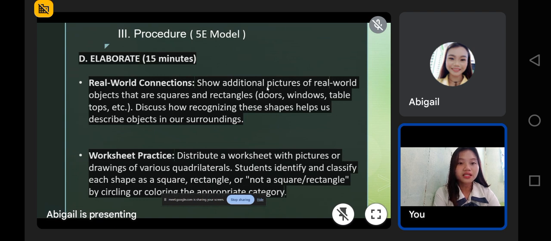And for the practice, I will distribute a worksheet with pictures or drawings of various quadrilaterals. Students identify and classify each shape as square, rectangle, or not square or rectangle by circling or coloring the appropriate category.